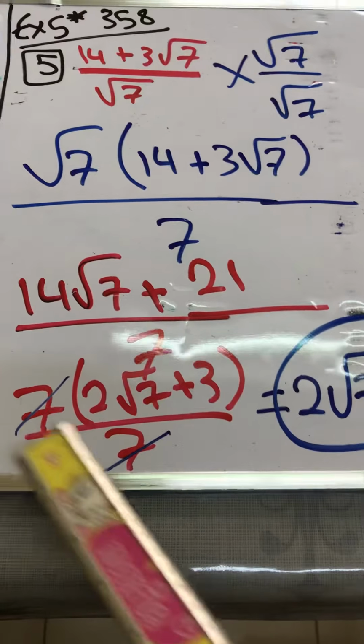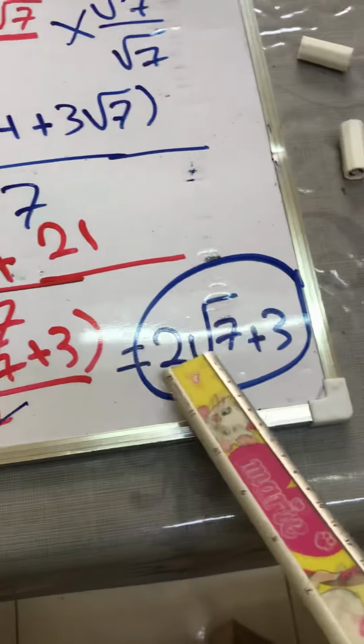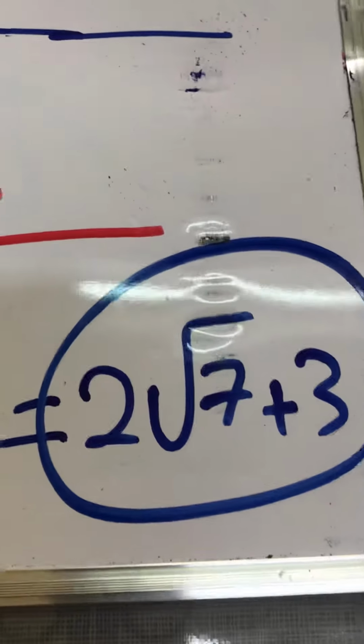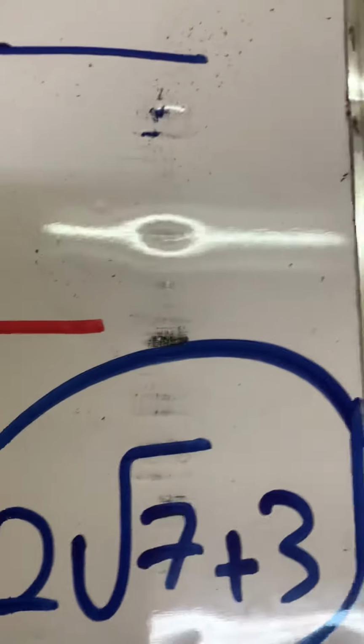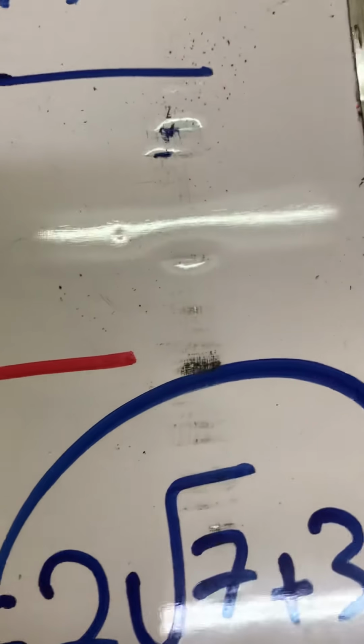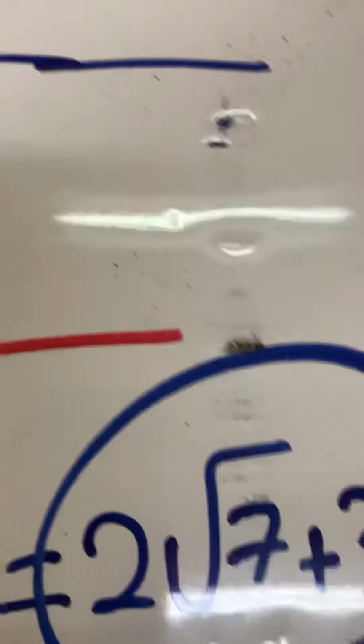We can cancel 7 with 7 equal 1. So what's left? 2 square root of 7 plus 3. And this is the answer for number 5, exercise 5 star, page 358.